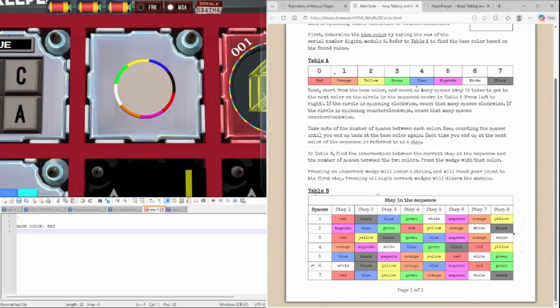Yeah, that's clockwise, I think. Count how many spaces clockwise.